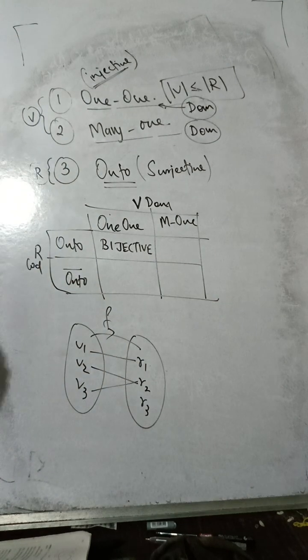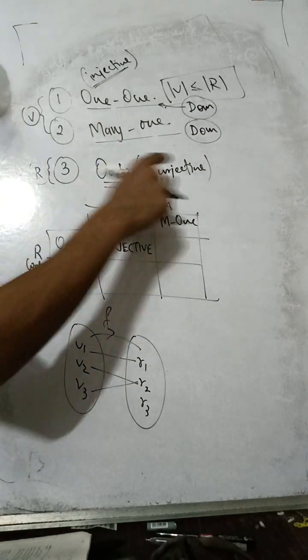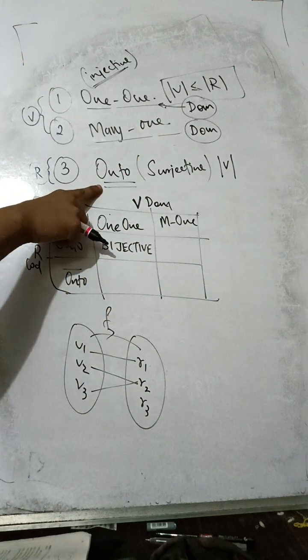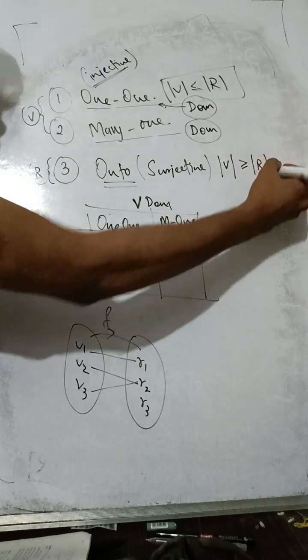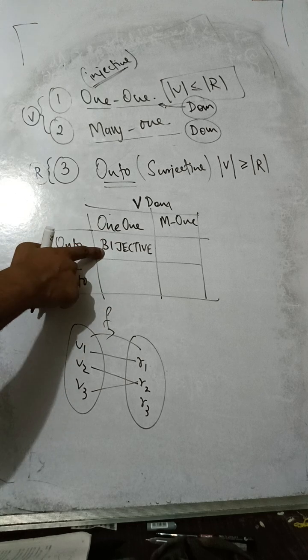Another thing I should have written here: if at all it has to be an onto function, then the number of visitors should be at least the number of rooms. That is, the cardinality of the domain should be at least the cardinality of the codomain.